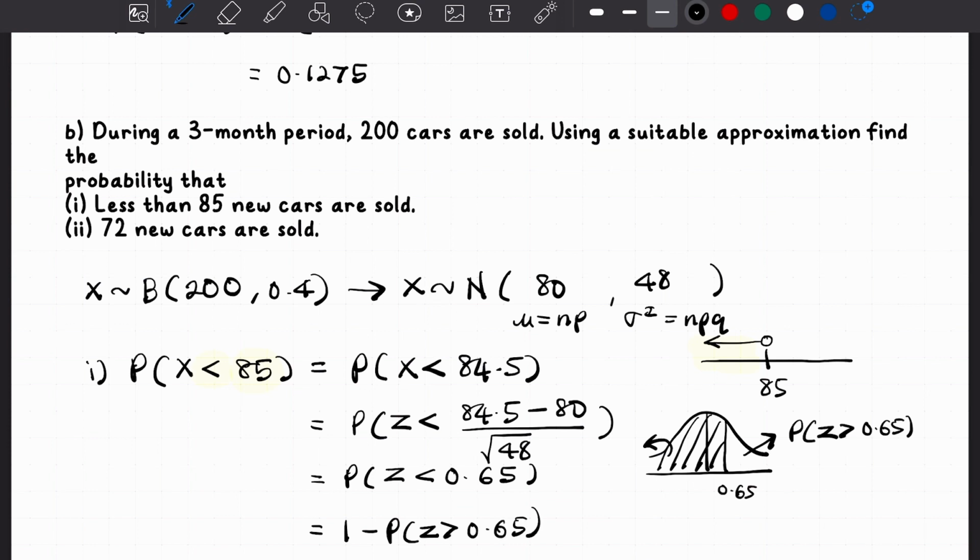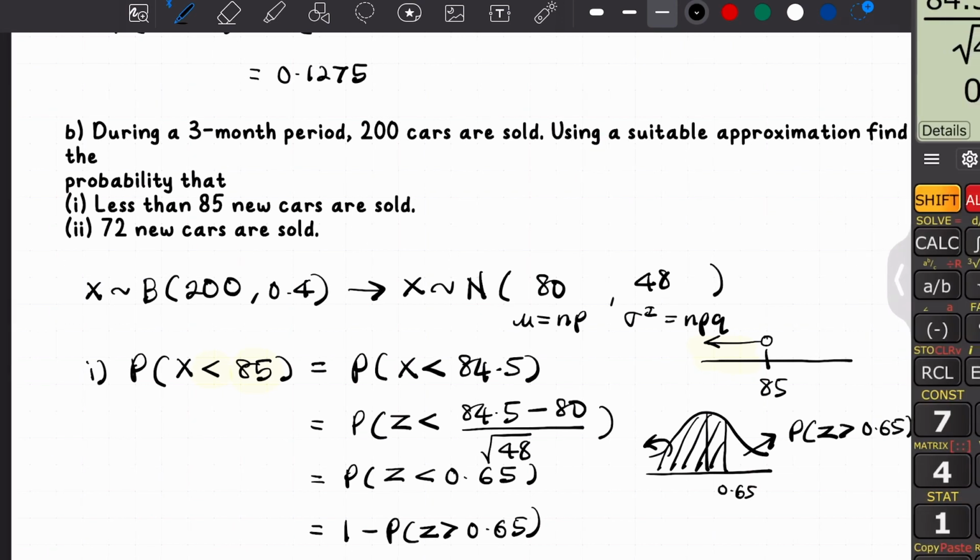Now let us find the probability of Z greater than 0.65 from the table.